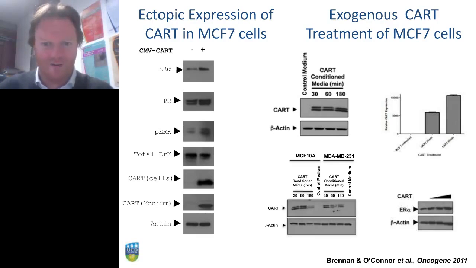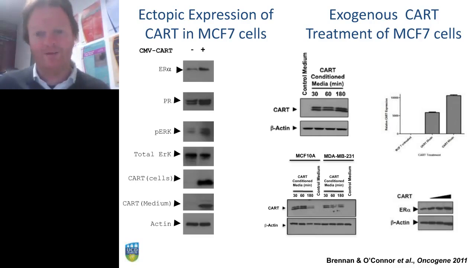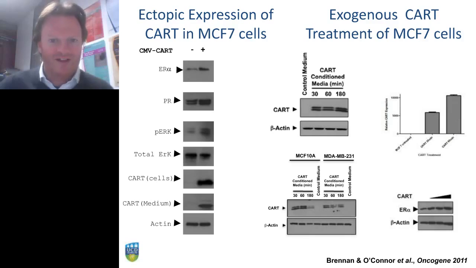These are MDA-MB-231 cells that don't have any estrogen receptor, and these are MCF10A cells, which are almost normal cells. So we don't really see much of an impact of the estrogen receptor on this signaling cascade.